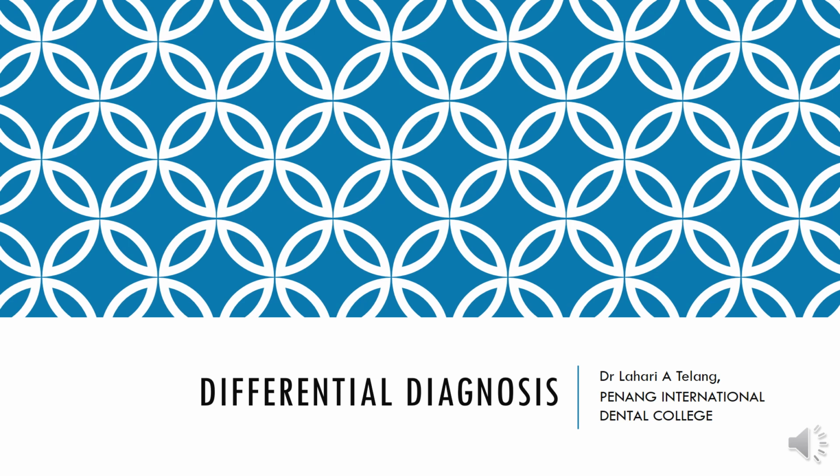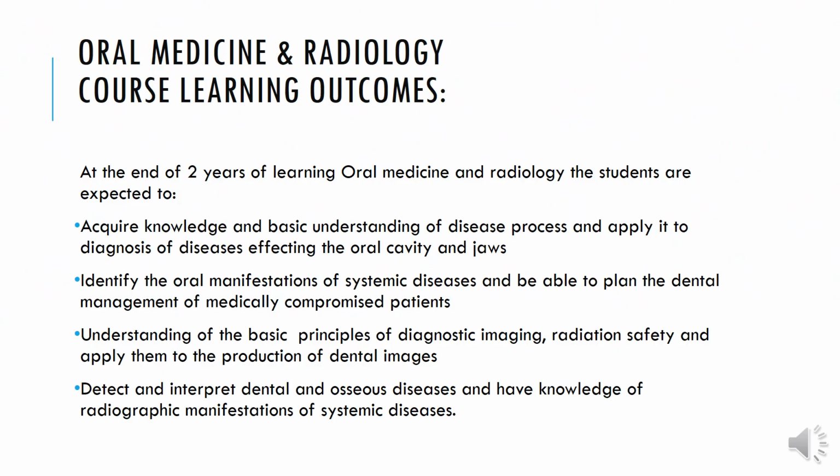This is the last chapter for the course, so let's go through the course learning outcomes of oral medicine and radiology since we've come to the end of the course. Revise for the exam.